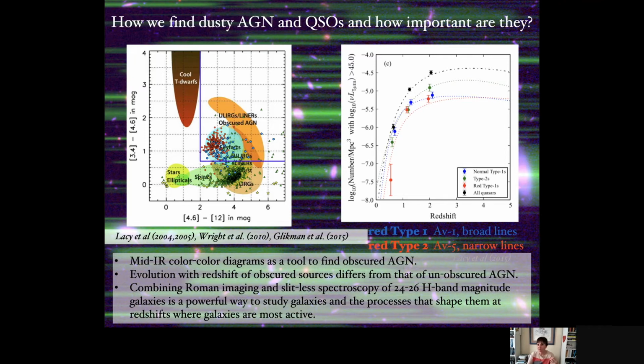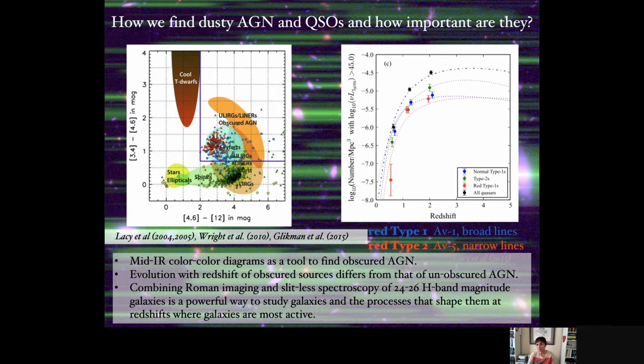And on the right-hand side, I show you a sample of mid-infrared selected AGN detected by Spitzer that were followed up with optical and near-infrared spectroscopy and separated into different types. And this work took years. But what we seem to find is that the luminosity function of different types of galaxies is different.